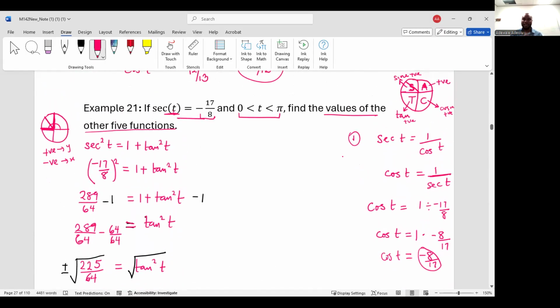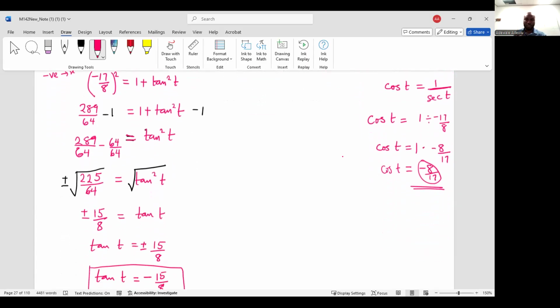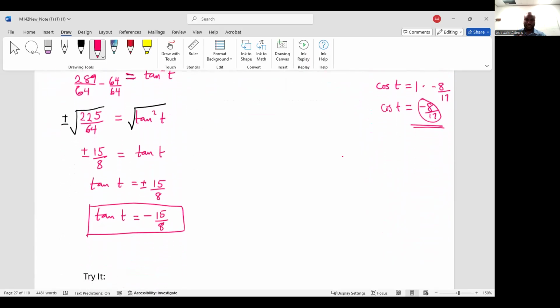Okay, so I have been able to find cosine of angle T and tangent of angle T. We have secant, we have cosine, we have tangent. Now we need cosecant and cotangent.